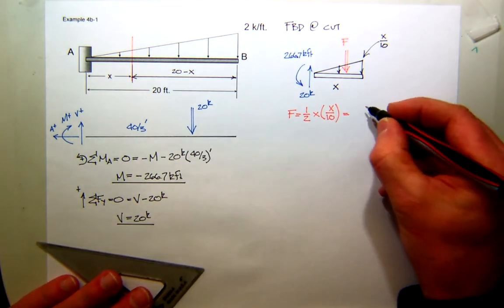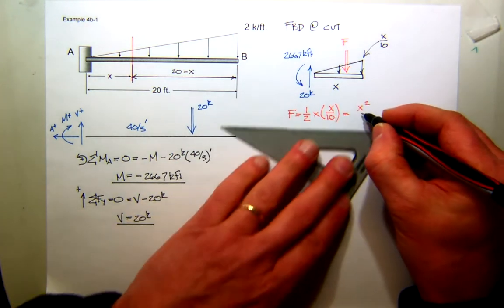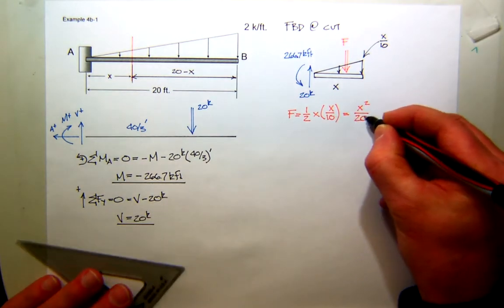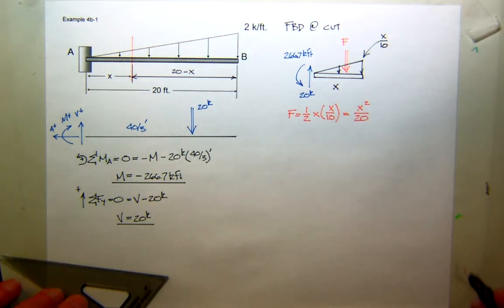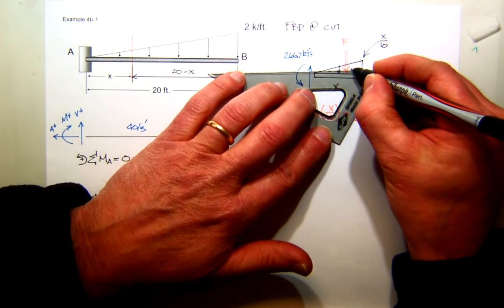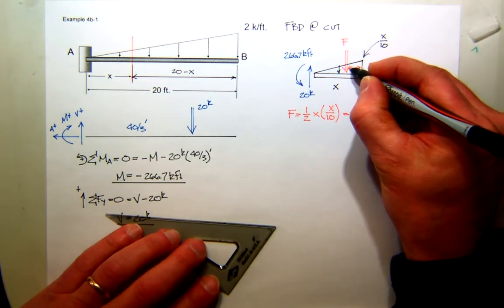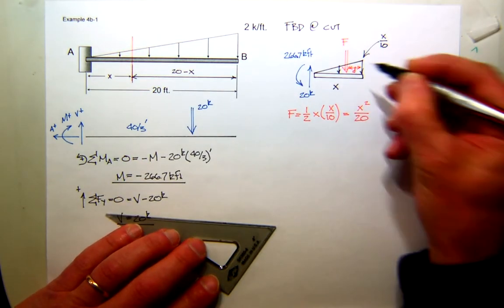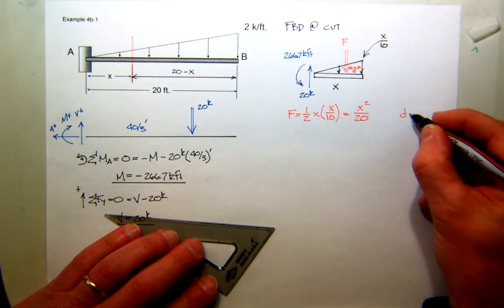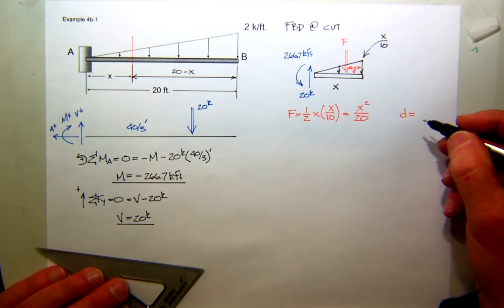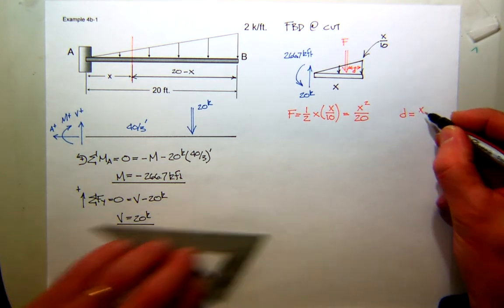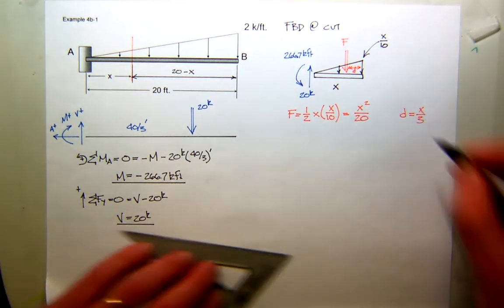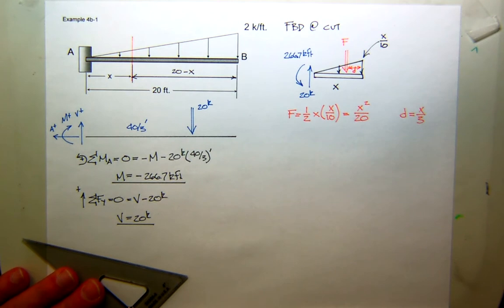So the force now becomes x squared over 20. And what is the distance here? I'll just call it D. So what is D? 1/3 the distance. The distance is x, so it's x over 3. So a little bit more work, but not that hard.